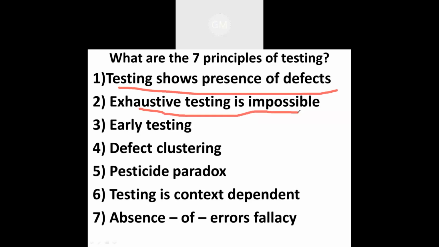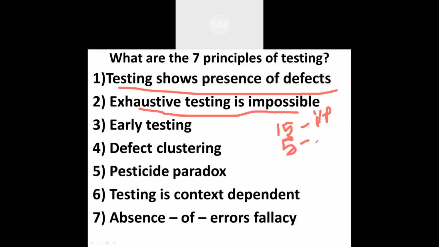Now the second principle is exhaustive testing is impossible. Why is it impossible? Because whenever we include everything, all combinations of the inputs and preconditions which are possible. For example, if I consider that there are 15 inputs, okay? There are 15 inputs, and five possible values for each input.